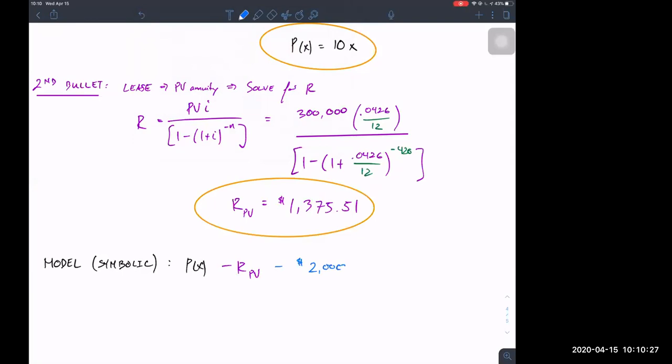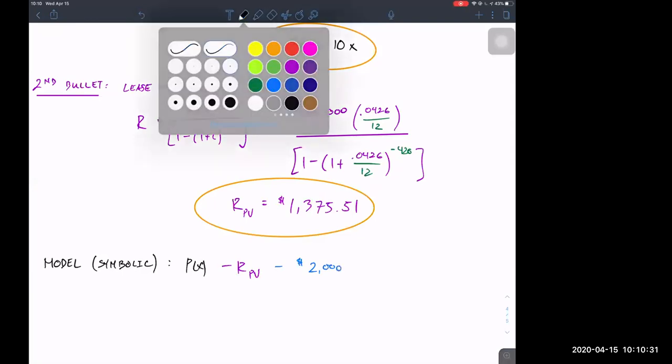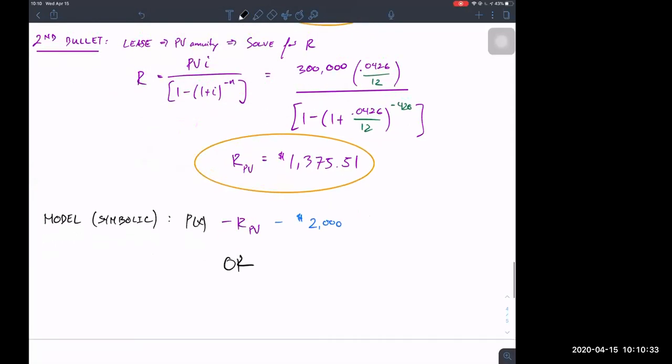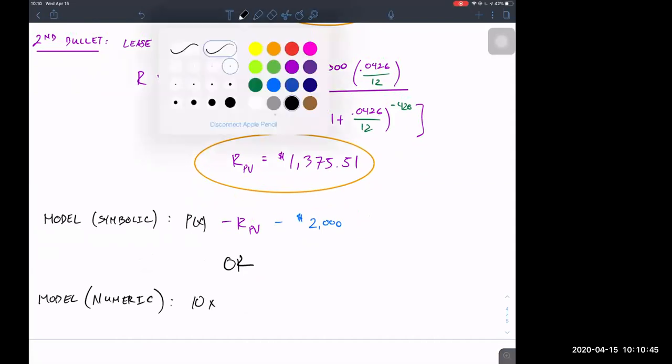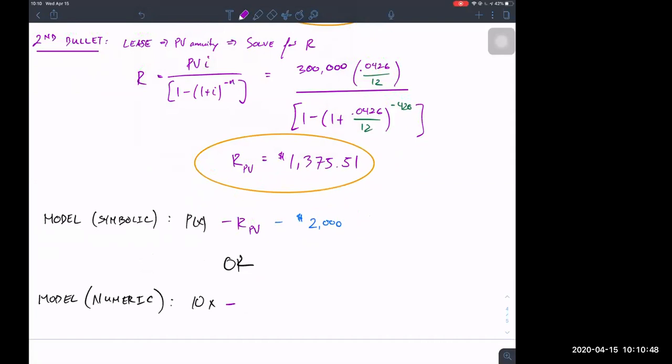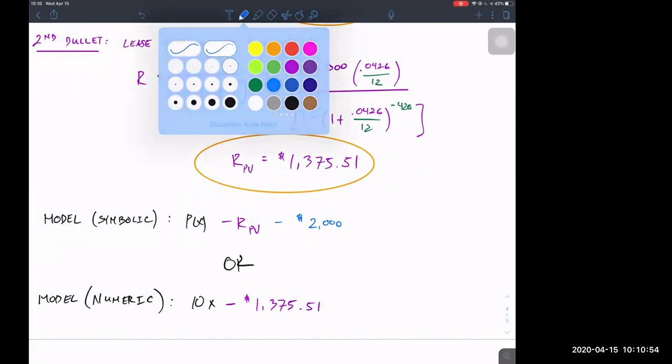Or you could easily have done the same exact thing numerically. So that's your 10x, this number that we just solved for, and then minus 2,000.